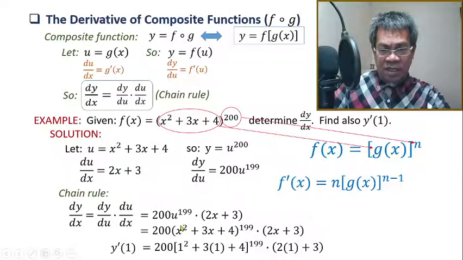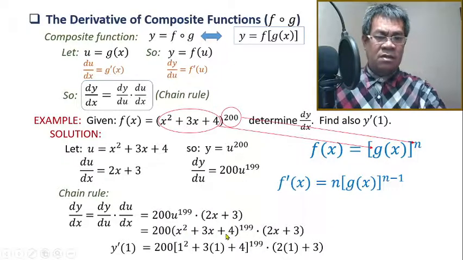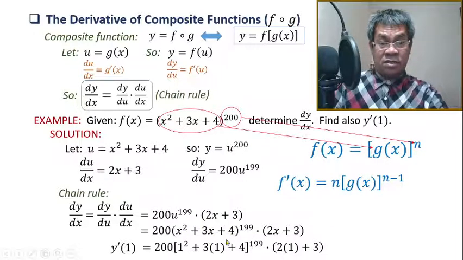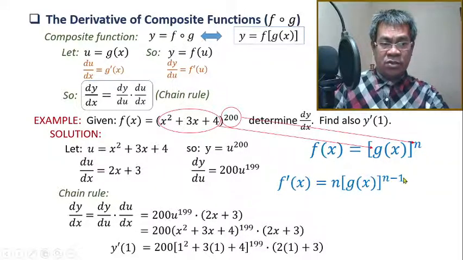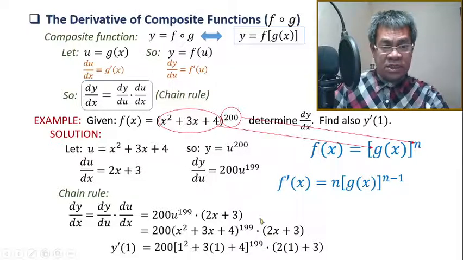So copy just like here, x squared plus 3x plus 4. So this is our g(x). But the exponent, which is 200, subtracted by 1, becomes 199. So this should be n minus 1. So this is just like a power rule. But take note, this is not only a power rule. It's almost the same, but we have another factor to comply with the requirement.